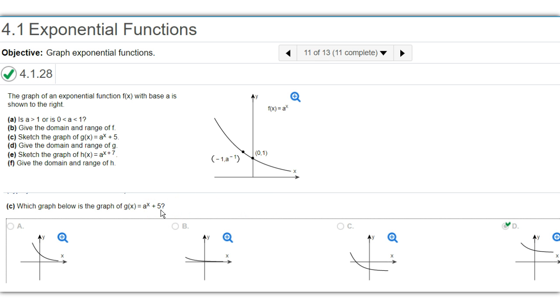So 5 is our new horizontal asymptote, and the equation of that asymptote would now be y equals 5. Remember, being an asymptote means it's never going to touch it. So the range would be from 5 to positive infinity.